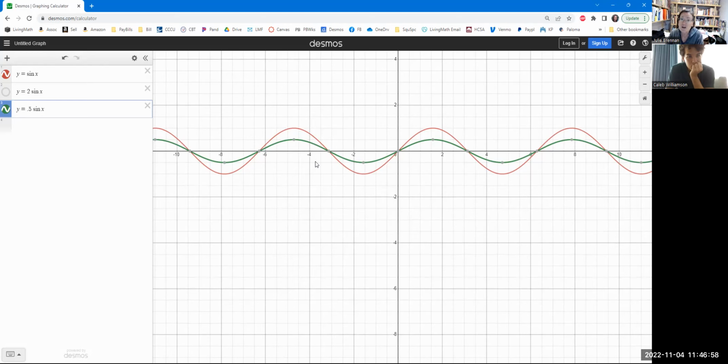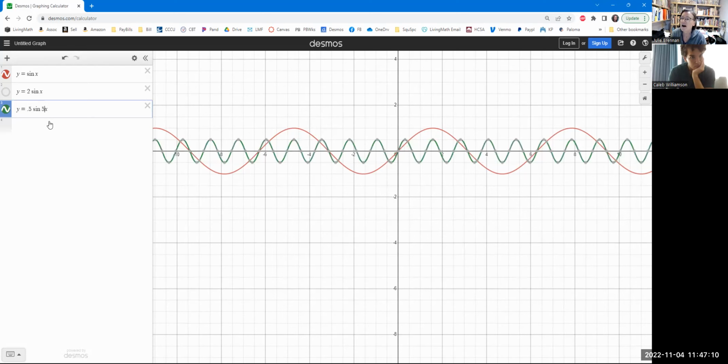Okay, but the frequency is whether it's high or low, right? The more it's bouncing back and forth, that's going to be frequency, and that's what's going to be affected by this. What if I put 5 in there? So this would be half as loud, but the frequency would be up by a factor of 5. So it would be quieter, but it would sound different.